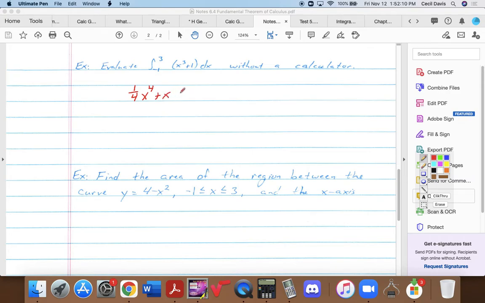And it could be plus any constant, but there's no reason to put it in there. And what we're going to do is evaluate this from -1 to 3. This is typically the way that it's written.